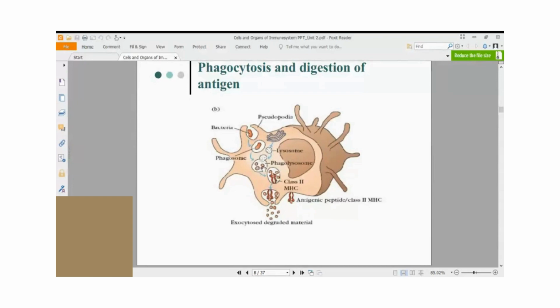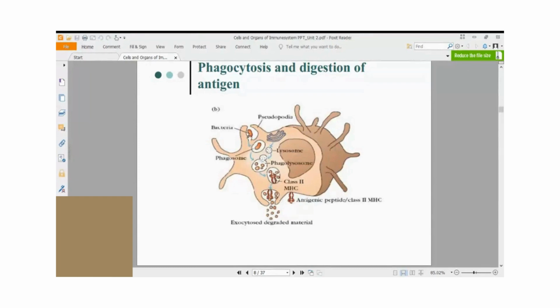After fragmenting the bacteria into minute molecules, some molecules are going to be loaded on class 2 MHC, and they are going to be exposed outside the macrophage on the class 2 MHC as antigen presentation.